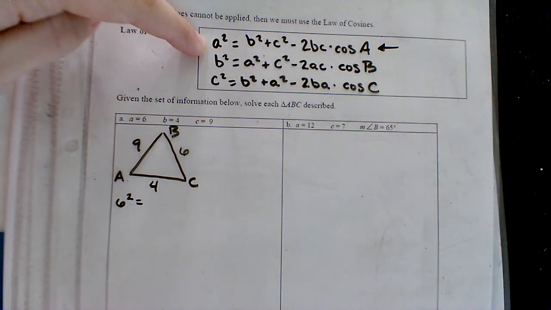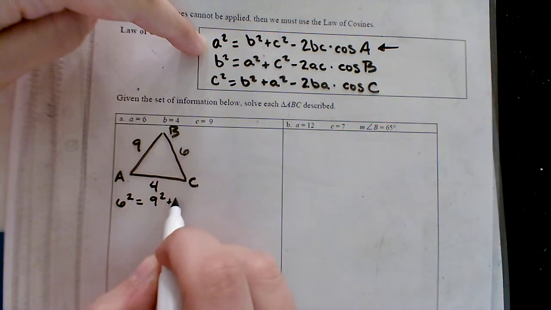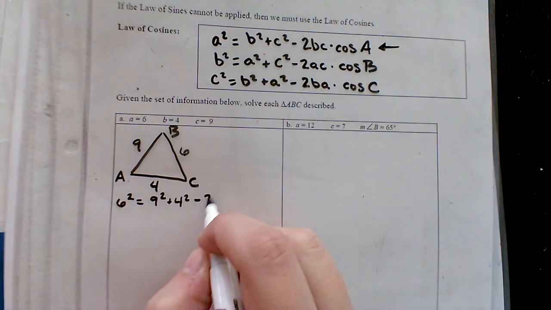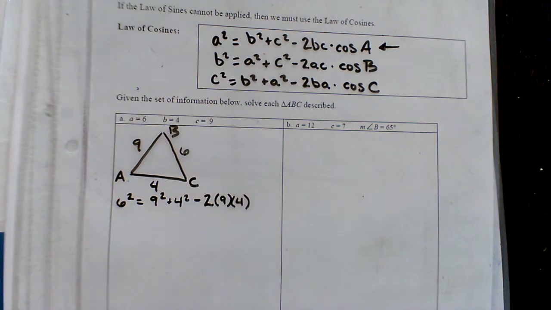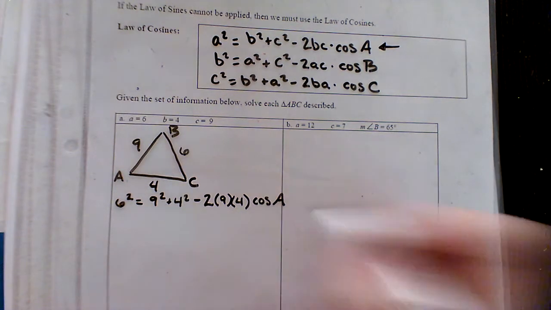The other two sides we did not choose were the 9 and the 4. Order doesn't matter. You can write the 4 and then the 9 because you're adding. Minus 2 times 9 times 4. And then after that, we have to multiply by the cosine of A.